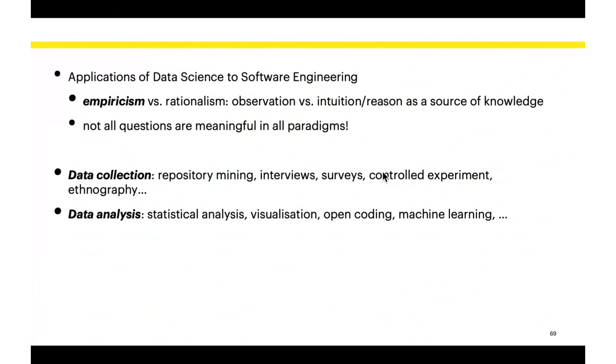Some rationalists are ready to accept observation as a source of knowledge, but this is usually secondary knowledge which can be used to support things, but it's not really the primary mechanism of creating knowledge. Not all research questions can be meaningfully asked or meaningfully answered in all paradigms. So neither of the two is the silver bullet. Depending on what you want, you need to take either one worldview or another one.